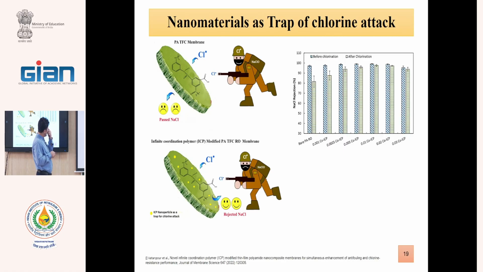As showed in this schematic, with addition of, for example, this nanoparticle, the chlorine resistance increased. You see here, after chlorination, the NaCl rejection reduced from, for example, 98 to 8. But with addition of this nanoparticle, there is no change in the rejection, which shows the membrane has a good resistance.